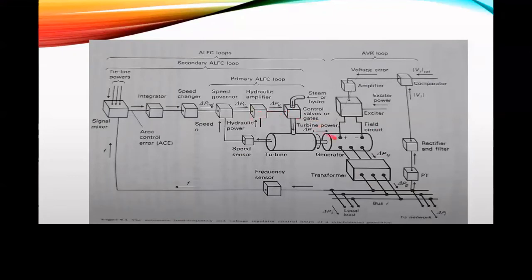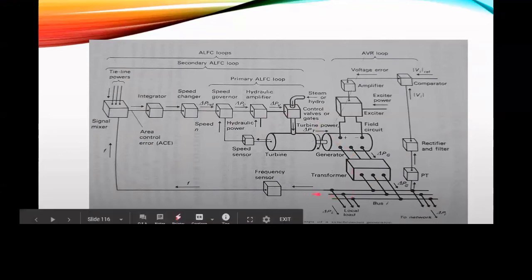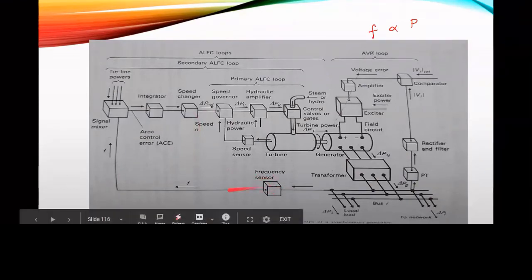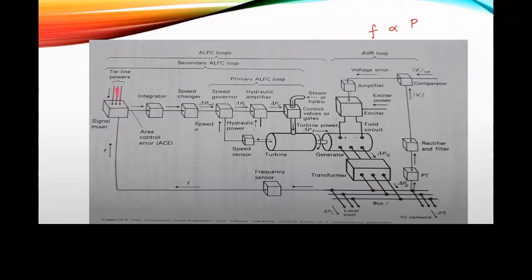Apart from that, the frequency of the power which is generated depends on the amount of real power. So real power will decide the variation in frequency, and hence this frequency is sensed and given to a signal mixer where it is compared with the standard frequency.